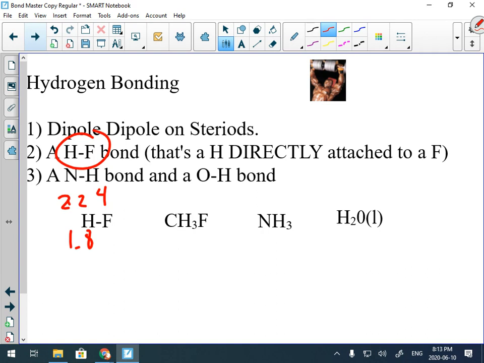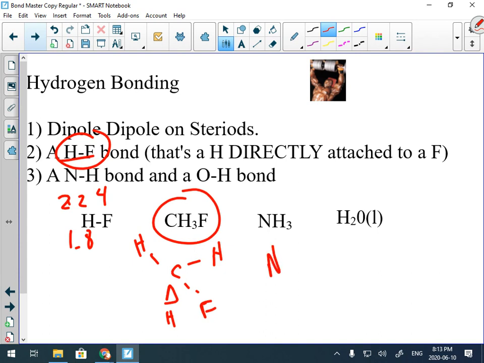The other thing is if you have an OH or NH bond. Now, this looks like it has hydrogen bonding, but when we draw it out, we do not have a hydrogen directly attached to a fluorine. You have to have that. The fluorine is actually attached to the carbon.